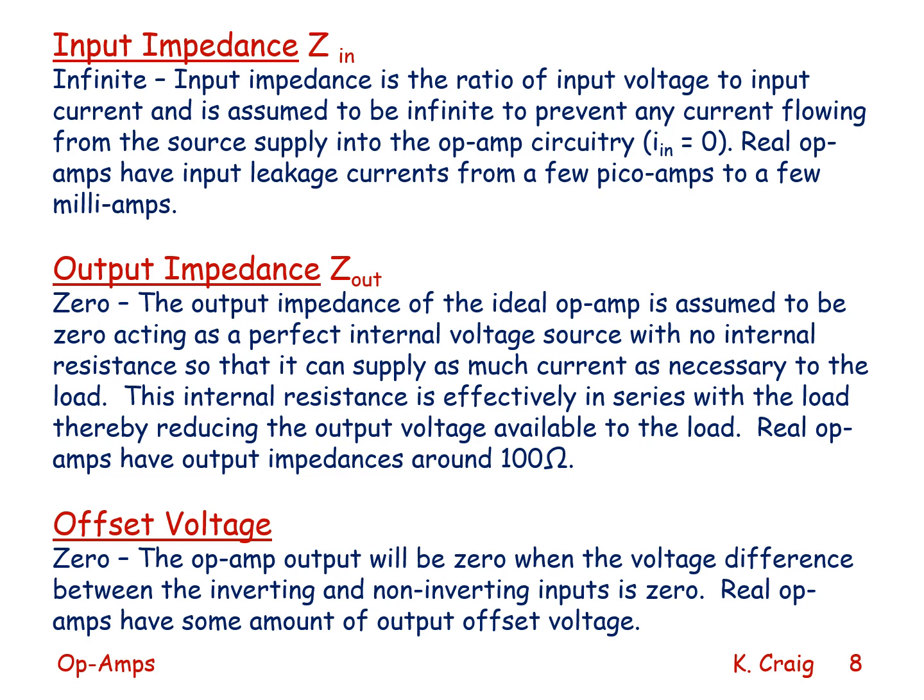Real op amps have output impedances around 100 ohms. Offset voltage. Ideally, it is 0. The op amp output will be 0 when the voltage difference between the inverting and non-inverting inputs is 0. Real op amps have some amount of output offset voltage.